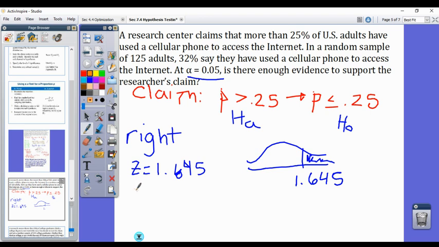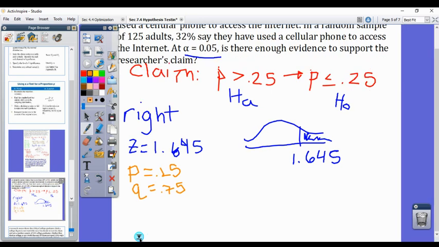So we know that P is 0.25, which means that Q is 0.75. We'll perform our check in a second. We have 125 adults, so N is 125.